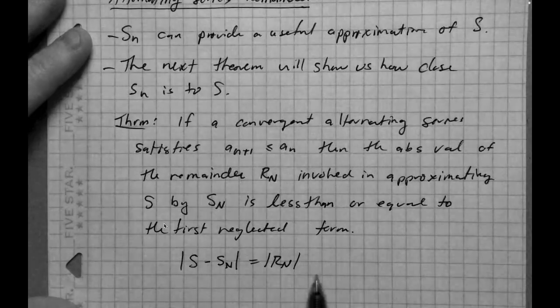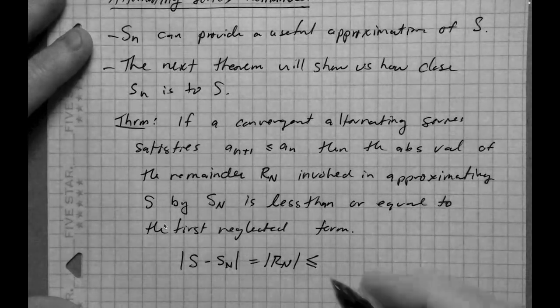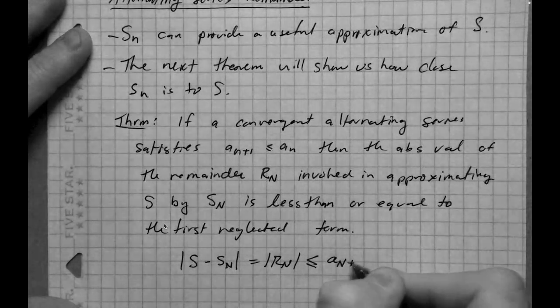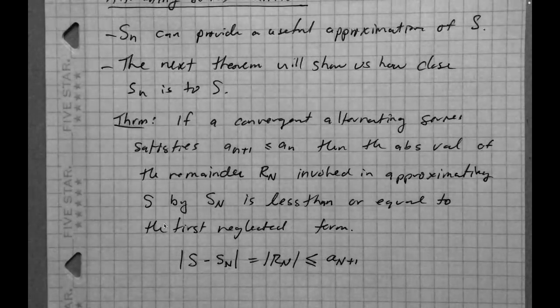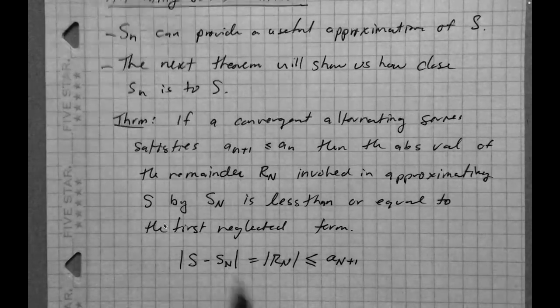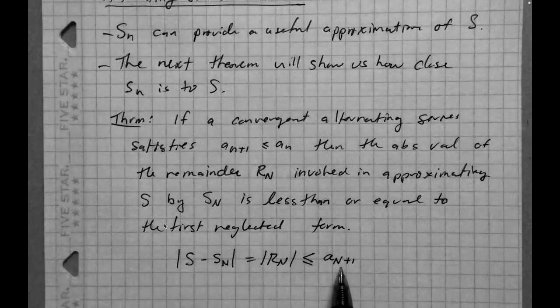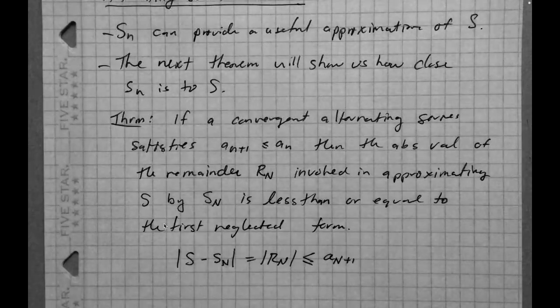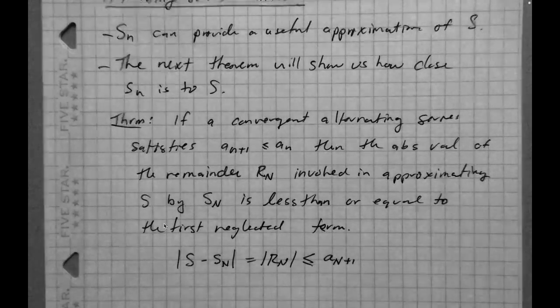The value of this is going to be less than or equal to a of n plus 1, where a of n plus 1 is just the next term in the sequence, right? So if S of n is the first big N terms, and this is the next one, the first one to be left out. Okay, it's the first neglected term.